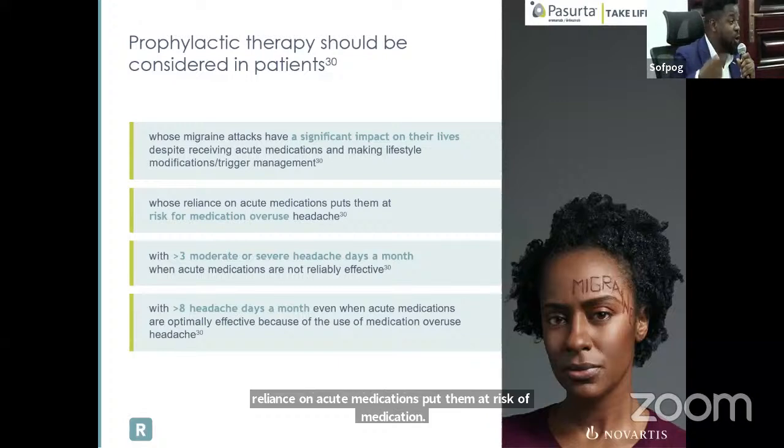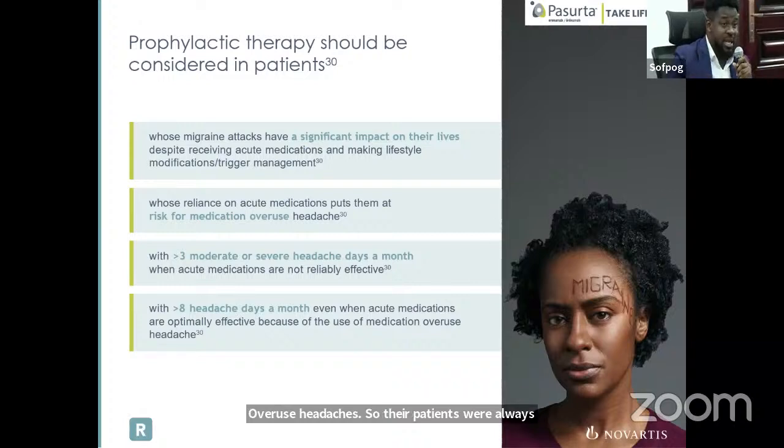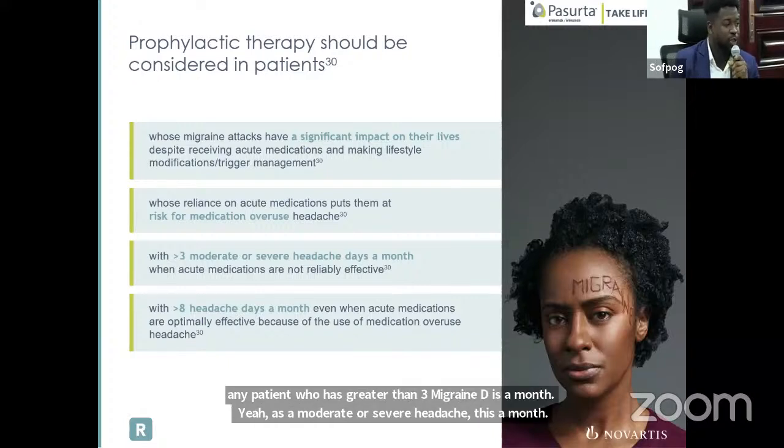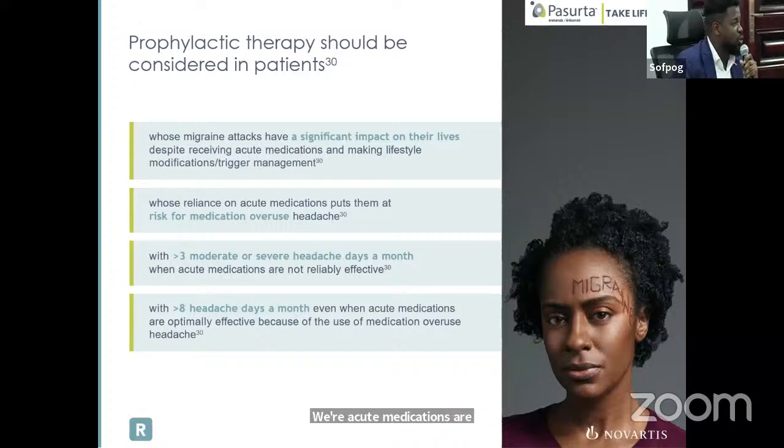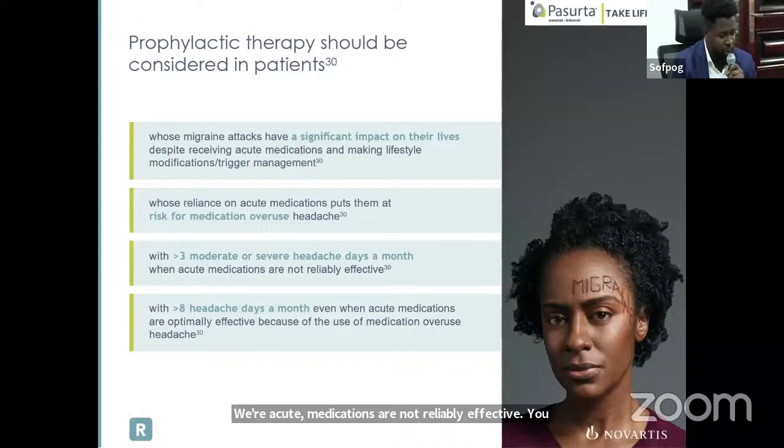So there are patients who are always taking medications and are at risk of medication overuse headaches. Then any patient who has more than 3 moderate or severe headache days a month, when acute medications are not reliably effective, you would want to consider starting on Pasuta.